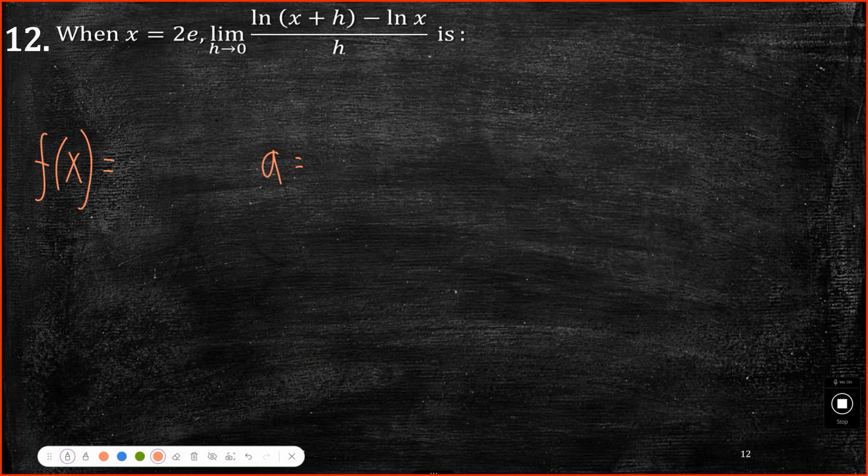So what's the function? ln x. And it's evaluated at what? 2e. So what's f prime of x? 1 over x. So it's 1 over 2e.